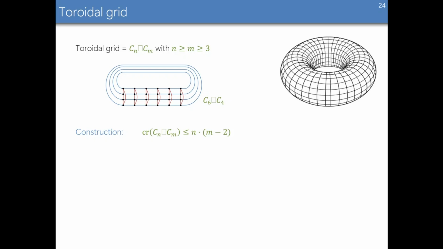So this construction is supposed to be optimal, but we're not sure about it. So the idea really is to just draw the long cycles concentrically, and then the short cycles in the toroidal grid you just draw here parallel next to each other, and then the number of crossings that you attain here is: you have n times the small cycles, and every small cycle has its length minus 2 many crossings.